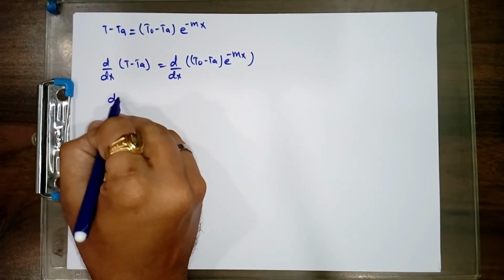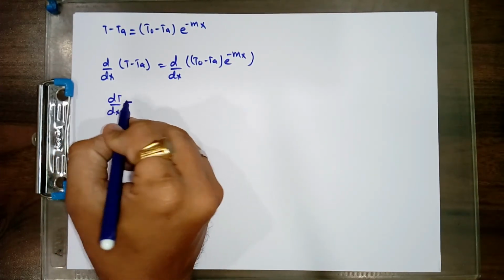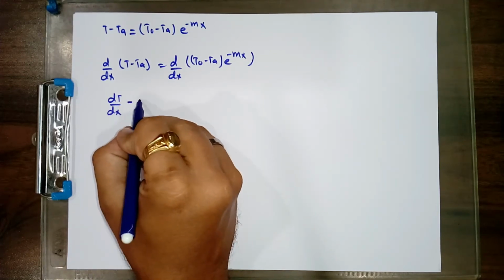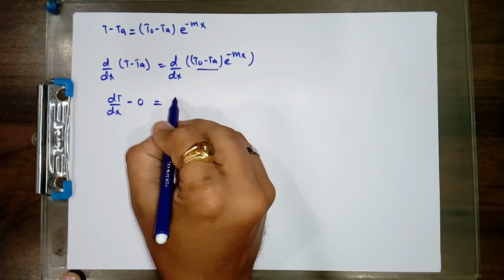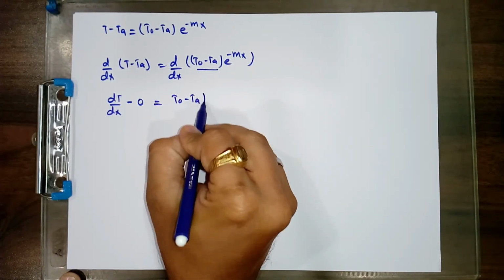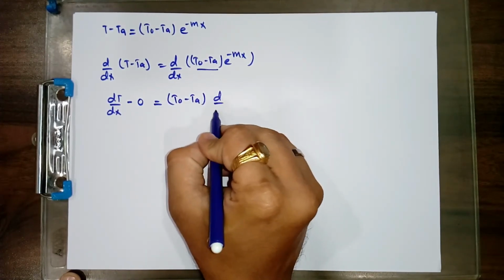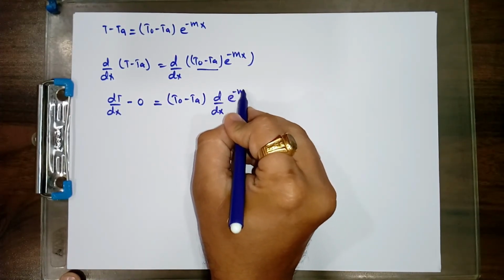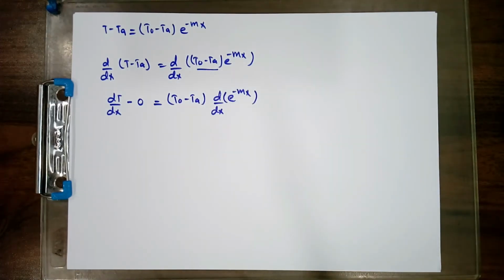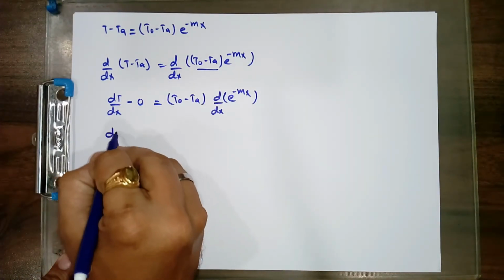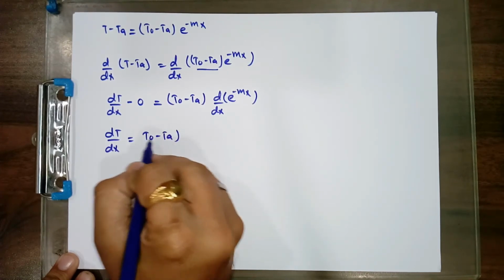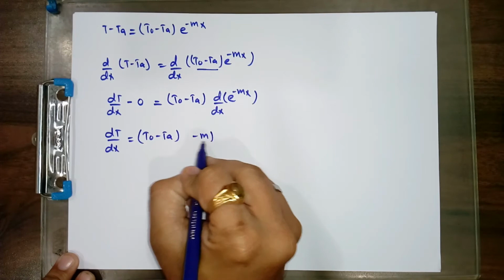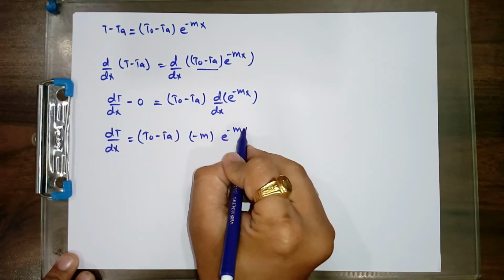The left side becomes dT by dx, then this term is constant, so its differentiation becomes 0. This term is constant, so we keep it out of the differentiation, and in the bracket we get d by dx of e to the power minus mx. If we have the function e to the power ax, then differentiation becomes a into e to the power ax. So we get dT by dx equals T naught minus TA, here it is minus m into e to the power minus mx.